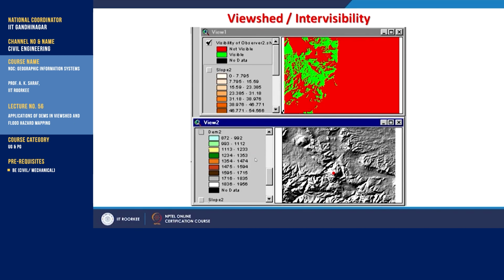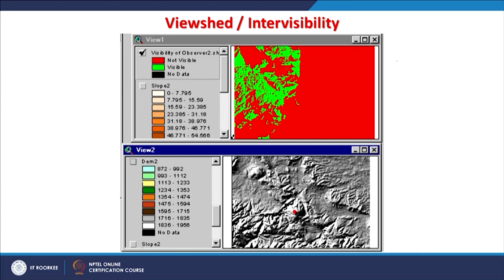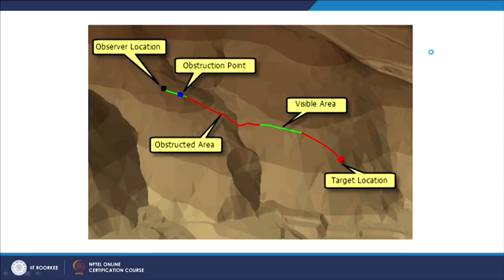So, this viewshed analysis has been done; like here on the top one you are seeing intervisibility also, and in the bottom one you are seeing a very small area being covered. Now, if I am having say a road which is not a straight line but an arbitrary one, there also the viewshed analysis can be done. That means viewshed is not necessarily always in a straight line, but for straight line segments it is shown here.